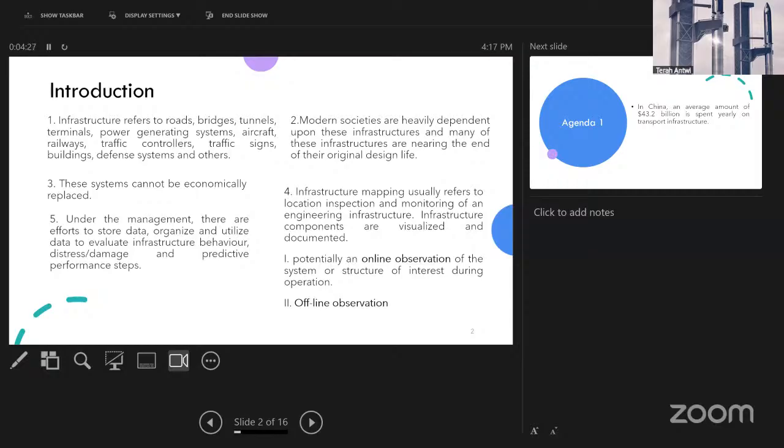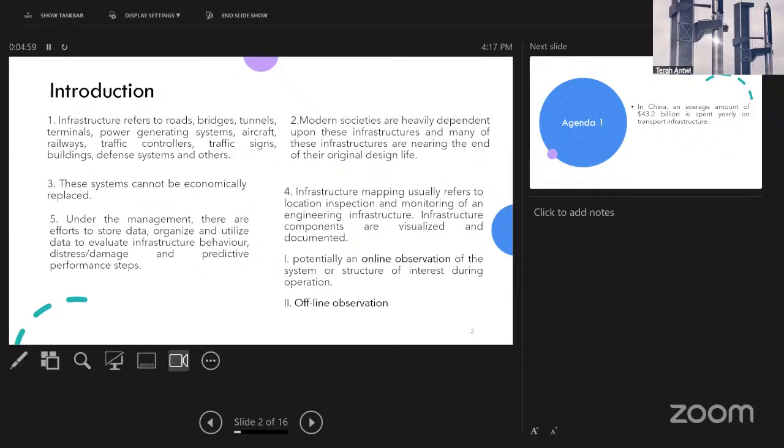The first is online mapping, as the system is operating, where you get a direct observation of whatever interest you're looking for on that structure. The other is offline observation, which is sort of passive: the activity must go on in the infrastructure before you go to observe it. These are the two main categories of infrastructure mapping.